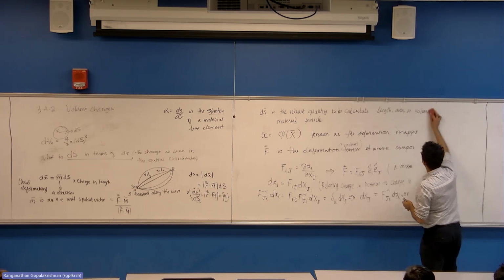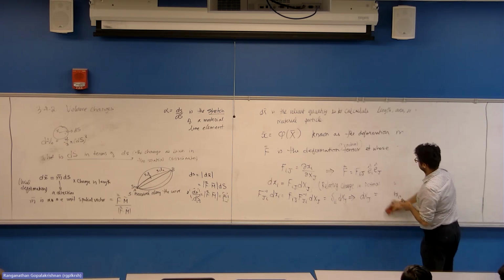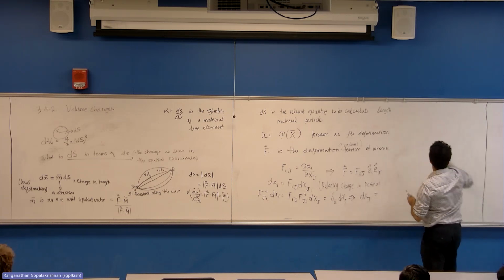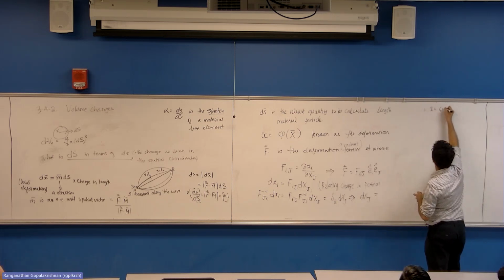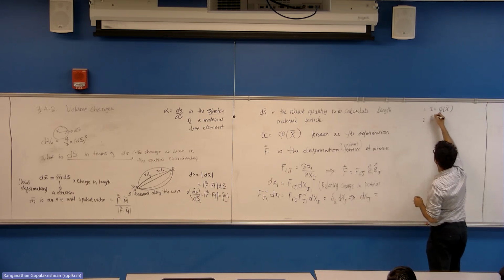What is the first formula we saw? Deformation mapping. Let's start our list there: x equals phi of X. And what is the definition for deformation tensor?